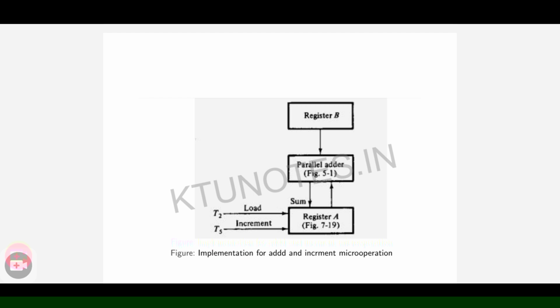In the parallel adder there is an addition operation. That addition operation is an increment because at T5 the control function is increment. So the increment operation is done in the parallel adder.